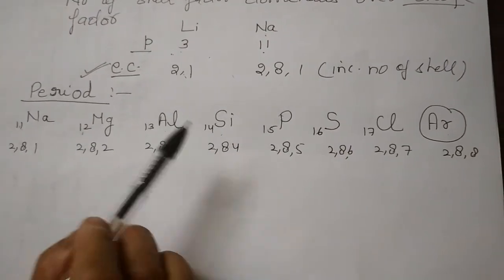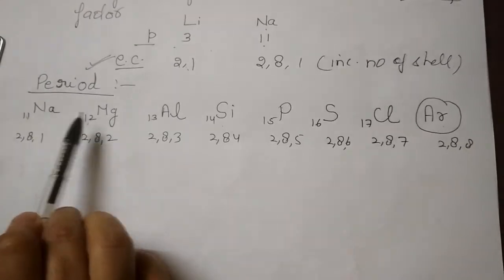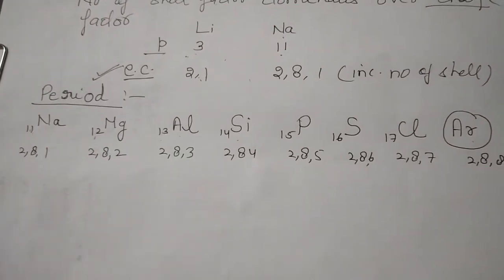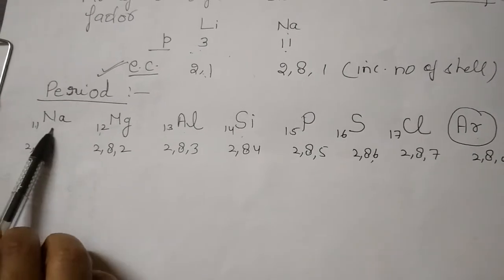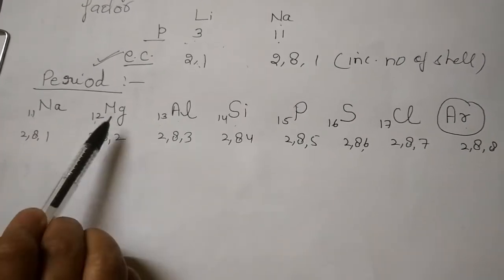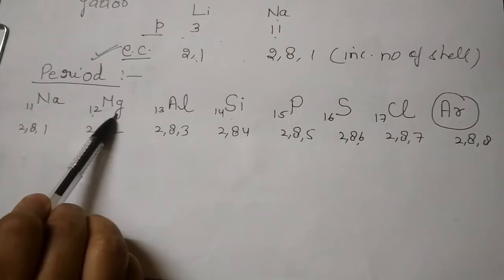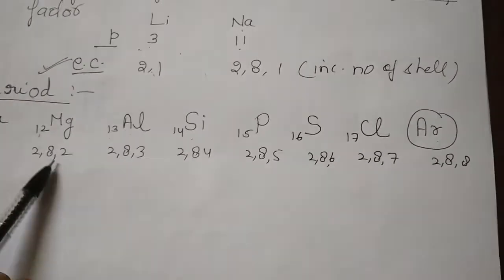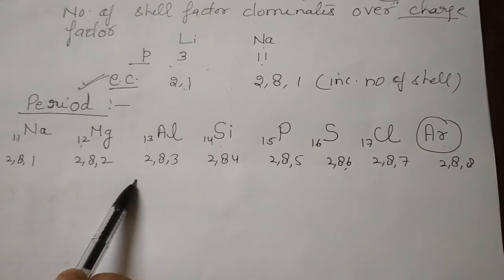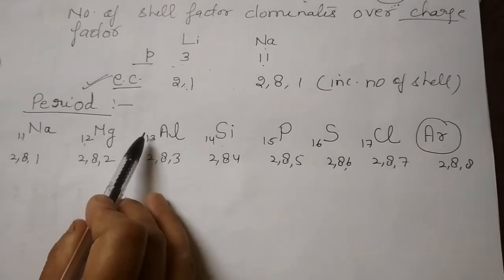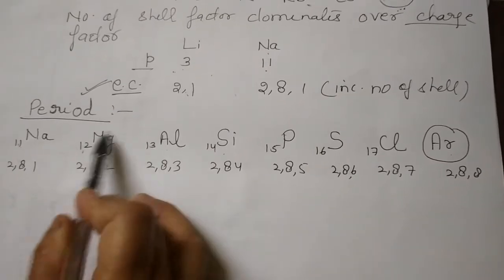Now, children, listen very carefully. When the atomic number is increased, the number of protons is increased one by one. That means every time the extra electron that is added here is added in the same shell. The number of electrons is increased, but in the same shell.